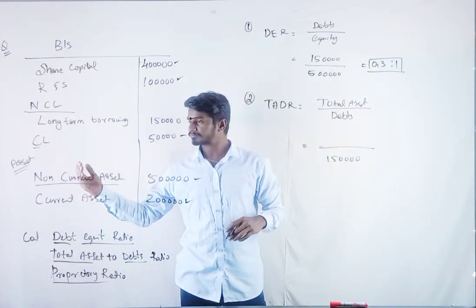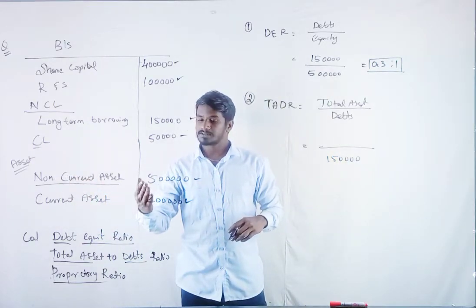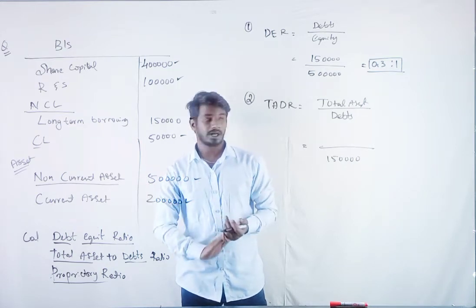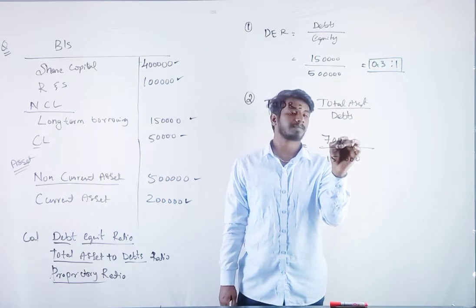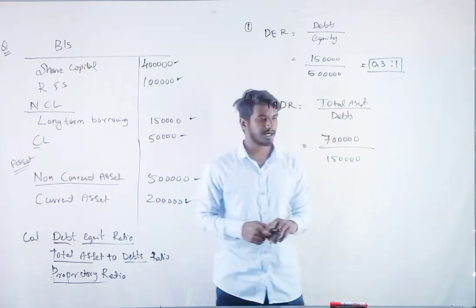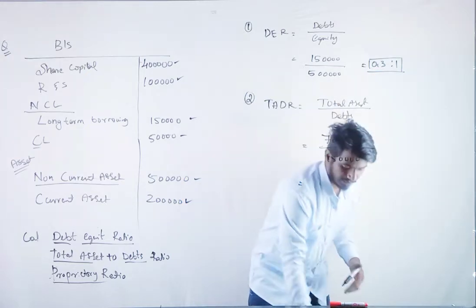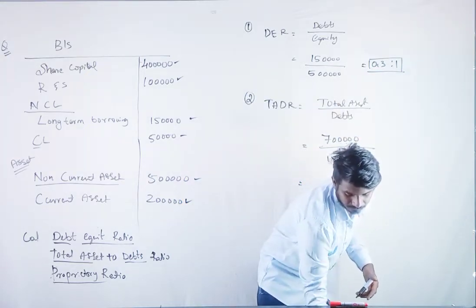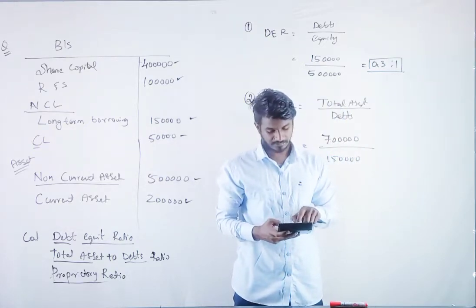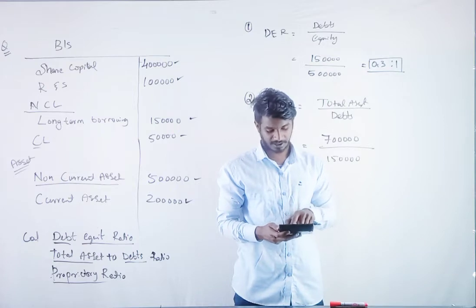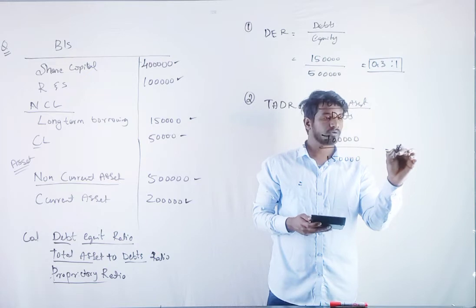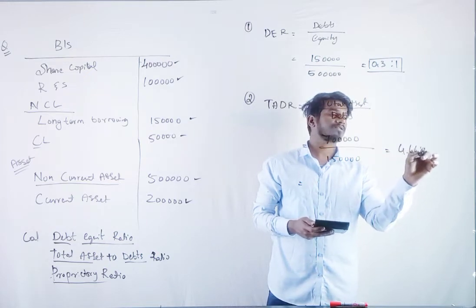Non-current asset 5 lakh, current asset 2 lakh, total 7 lakh. 7 lakh divided by 1,50,000 comes out 4.66 is to 1.